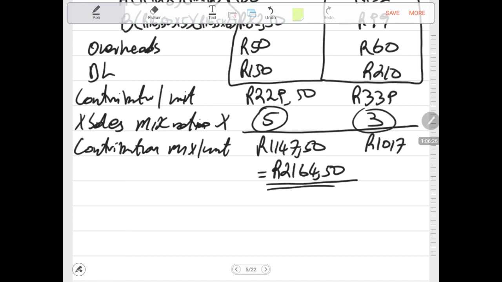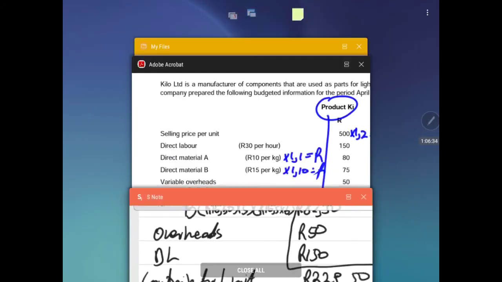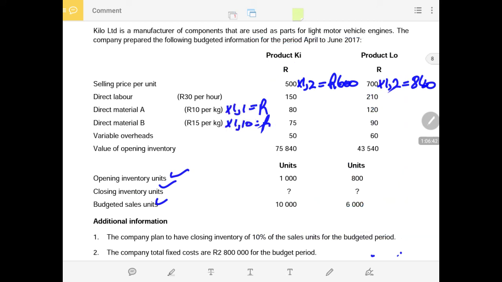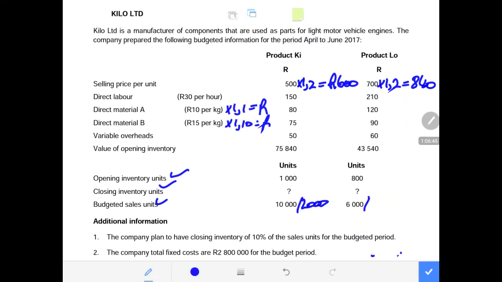Make sure that you always calculate that mix, and you must use the lowest common denominator, which in this case 2000 was fitting to both of the products and left no remainder. So you do this to its lowest multiple. 2000 was perfect and there was no remainder.